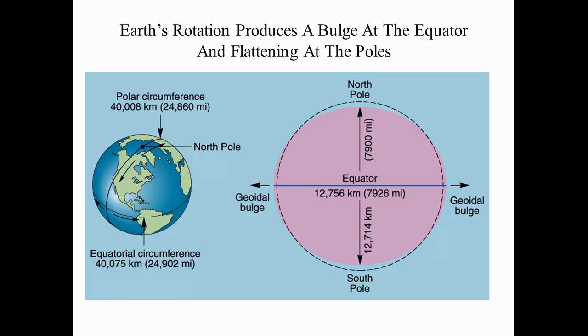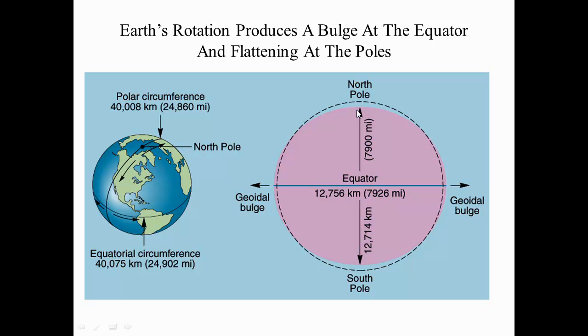Now, Earth's rotation produces a bulge at the equator and a flattening at the poles. So, for example, if we measured Earth's diameter at the equator, it would be something on the order of 12,756 kilometers, or 7,926 miles.